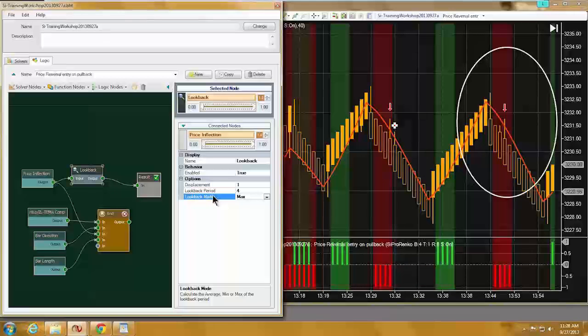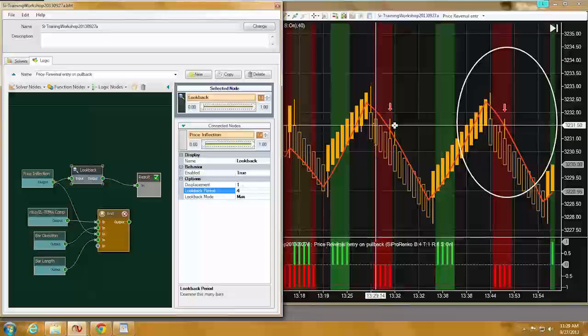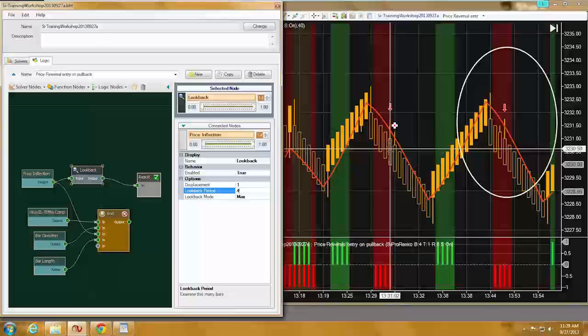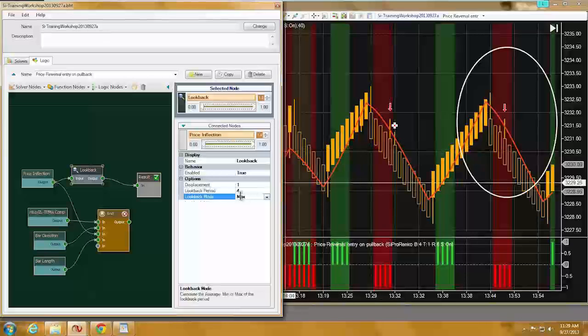Essentially what this max is saying is that if there is a signal coming in to the Lookback within 4 bars back, any signal that comes in, I want to keep extending that signal forward for 4 bars. So I'm looking at the maximum confidence value that's coming in.